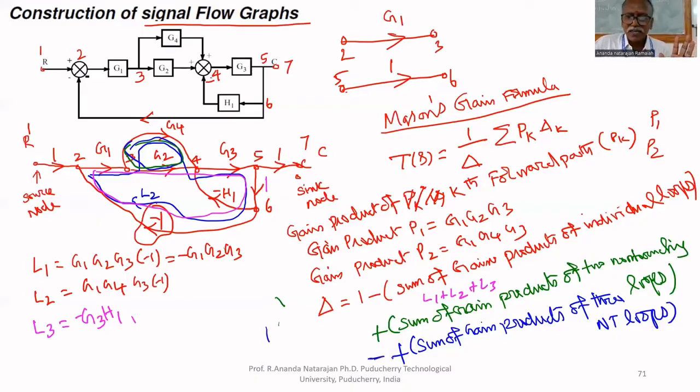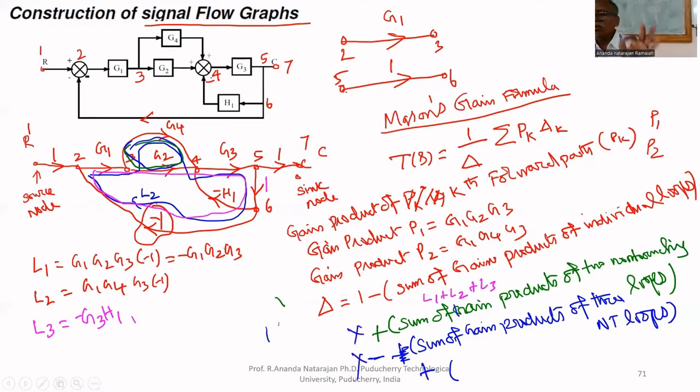Etc. Here minus sign, plus the sum of gain products of four non-touching loops, up to infinity. No two non-touching loops, so how will there be three? Four won't be there. That's all. Therefore, this term is not there. This is also not there.